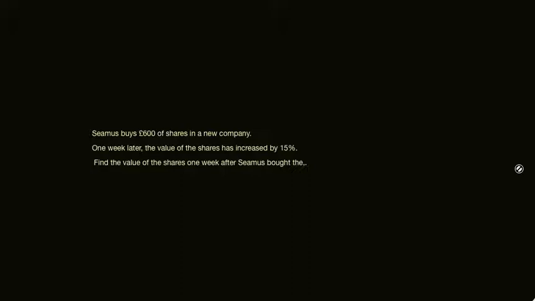So this is a pretty standard question about increasing value by a certain percentage. So let's look how we would go about answering it.